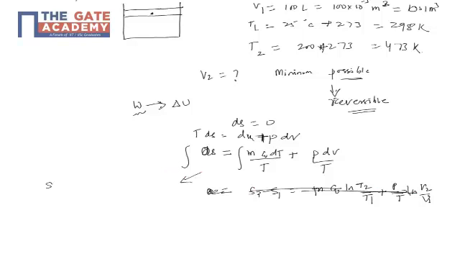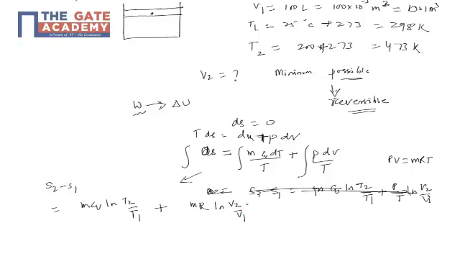So this is S2 minus S1, and that is mcv ln T2 by T1, that is the process. Now P by T I can always write because it's the ideal gas equation, so P by T is mR by V, because inside the integral I need P by T, and therefore when I integrate I get mR ln V2 by V1.